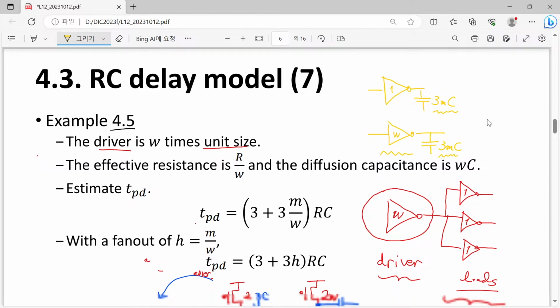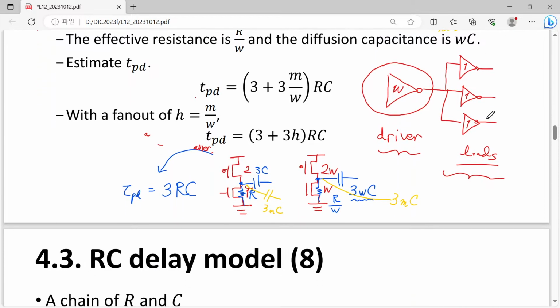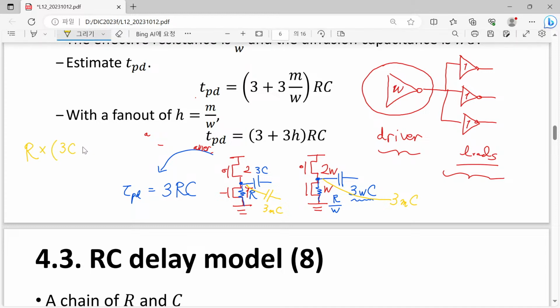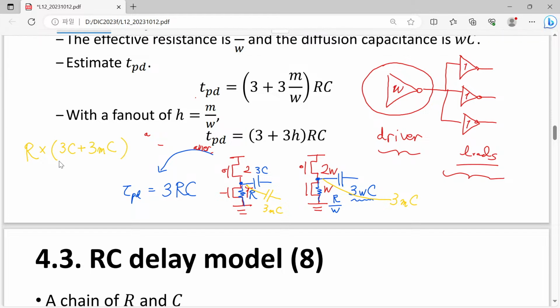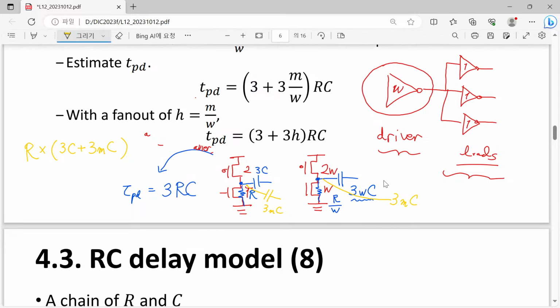The propagation delay calculated from the upper case can be obtained by R times 3C plus 3MC. This is exactly our previous example 4.4.